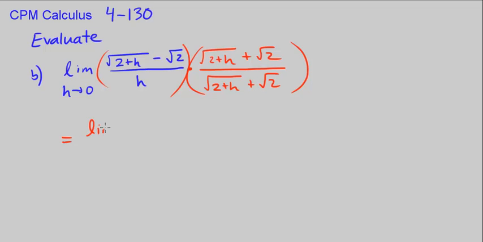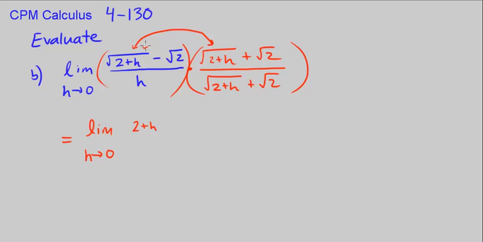So that's equal to the limit as h approaches 0. Let's go ahead and multiply the numerator. The first terms, square root of 2 plus h times the square root of 2 plus h, is just going to be 2 plus h. We get rid of the square root.